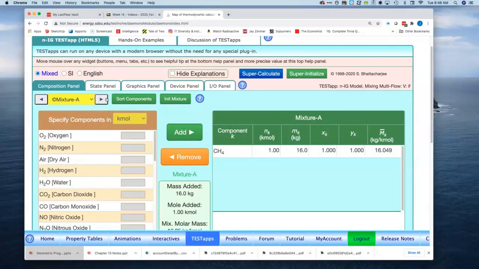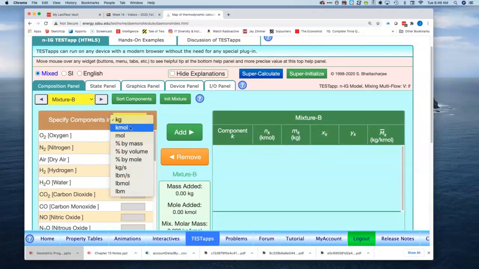I'm now going to specify a mixture B, and mixture B will be in kilomoles. Mixture B is going to be the amount of the 2 substances. And so we know that for oxygen in kilomoles, it's going to be equal to 3 kilomoles, because it was 1.5 times 2.